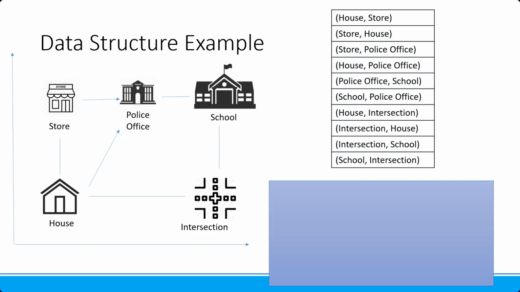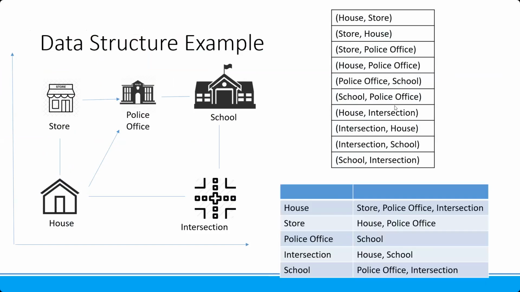Maybe it is easy to understand. But there is another way to save data. I put the origin, or I make one location, for example, house. And then I can set the destinations at the same time.